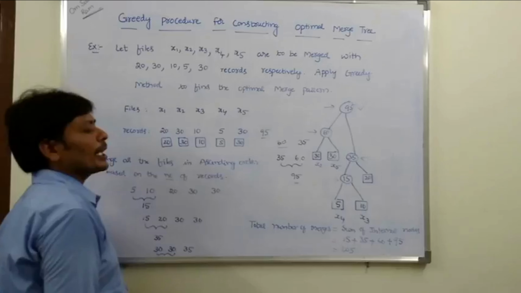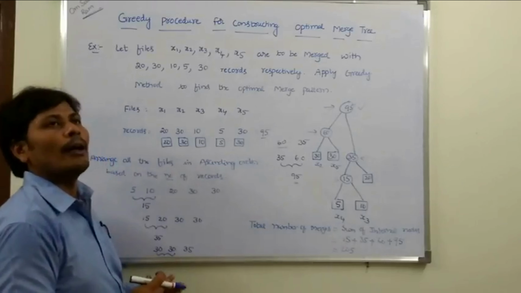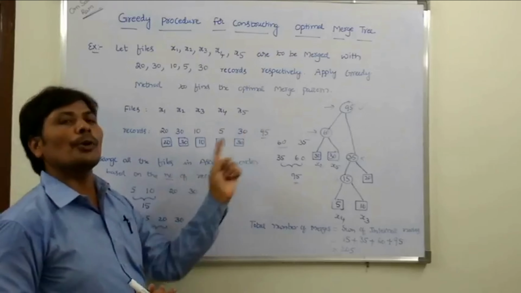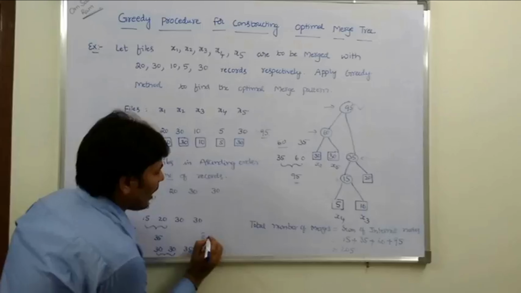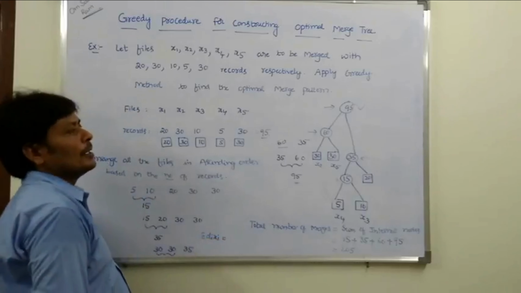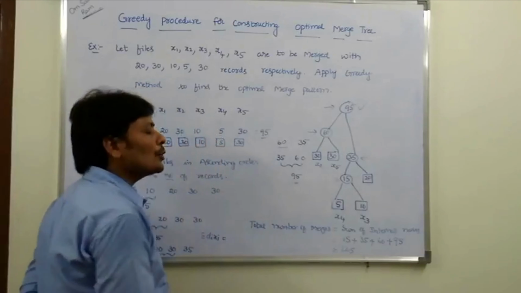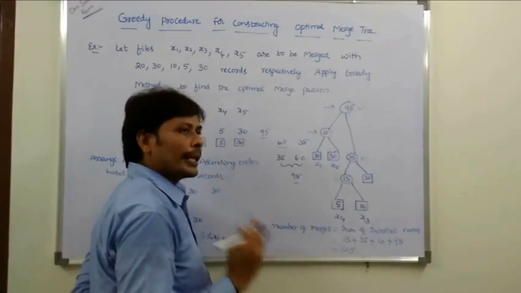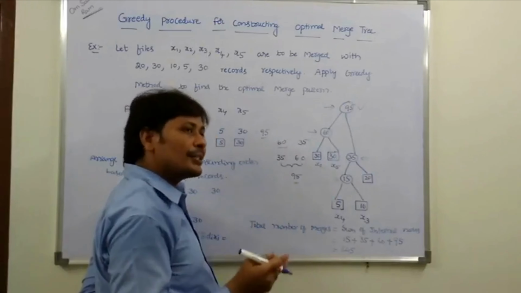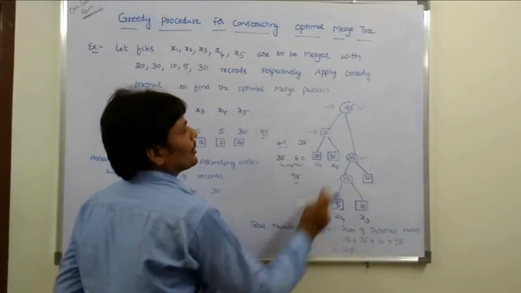Next, the total number of merges can also be found using the distance from the root node to the leaf node, denoted as sigma di xi.